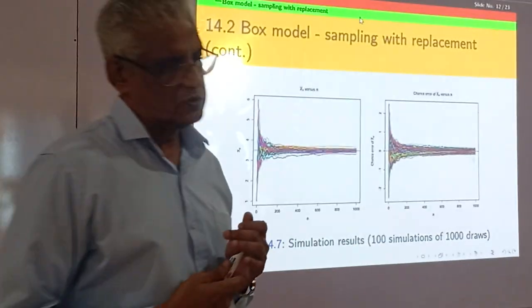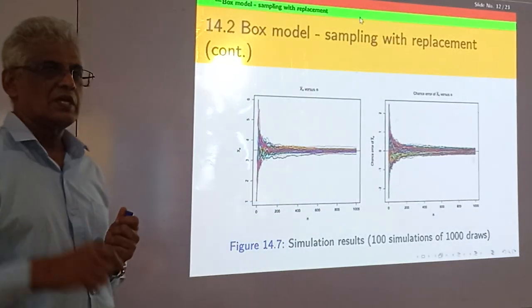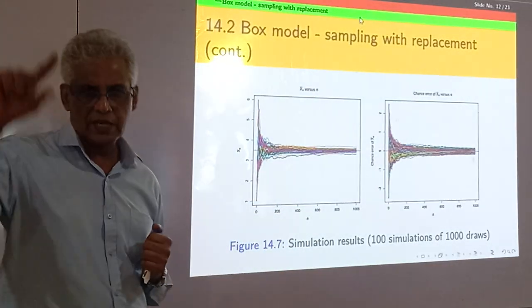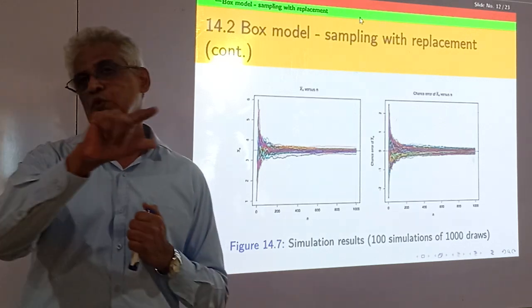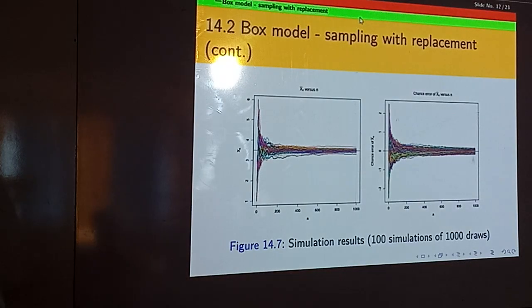But if you take a sample of 100 values and calculate the sample mean, it will be closer to the population mean. That's what the law of averages means.